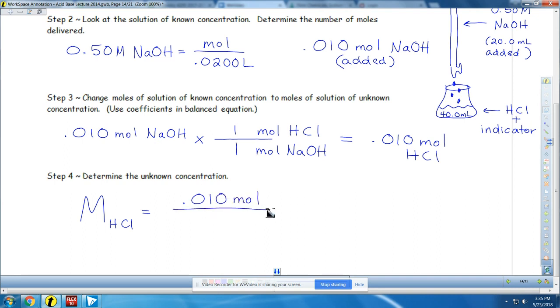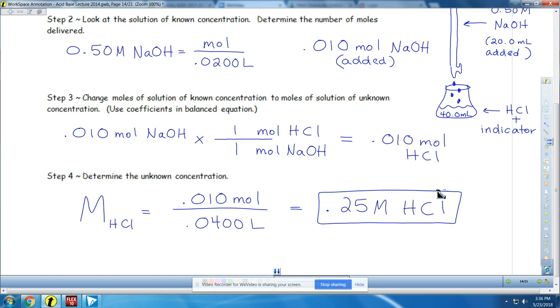And we had to know the volume, so they told us that originally there was 40 milliliters, which does have to be converted to liters, 0.04 liters. I know the moles, I know the volume, I know the molarity, 0.25. That's the concentration of the HCl.